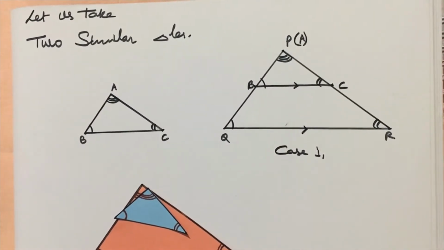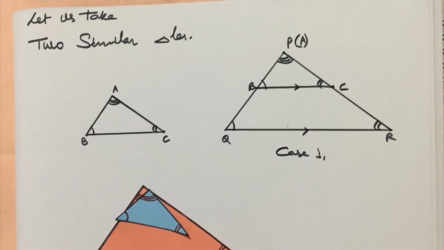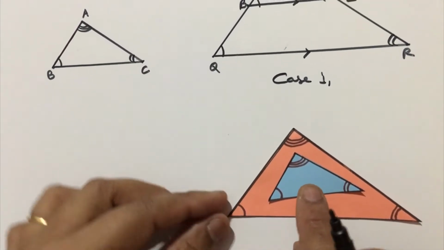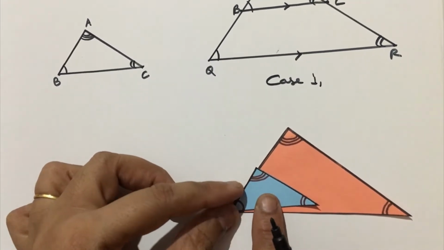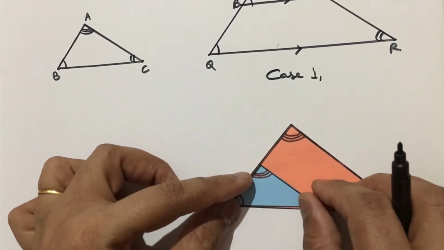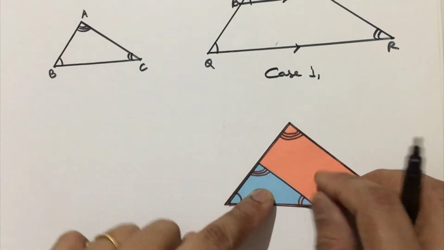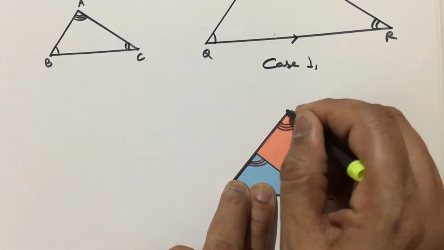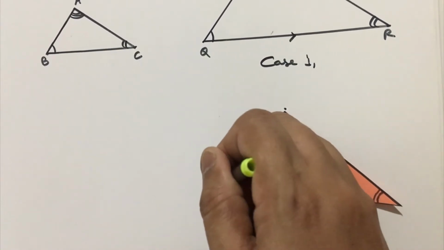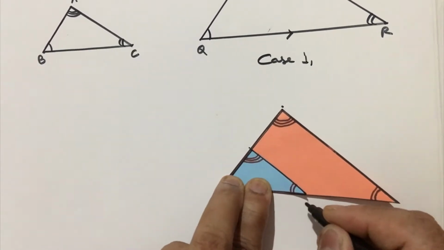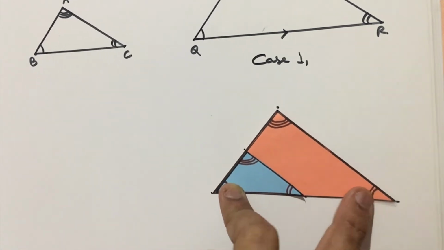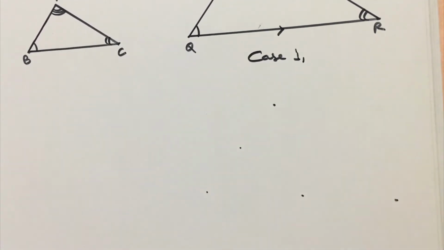And in the other case, let us place this triangle over it in this manner. It is coinciding with this one. So let us take these points. Now you draw the triangle.